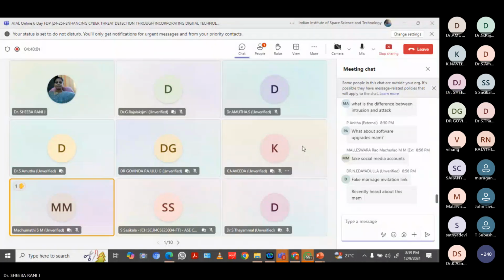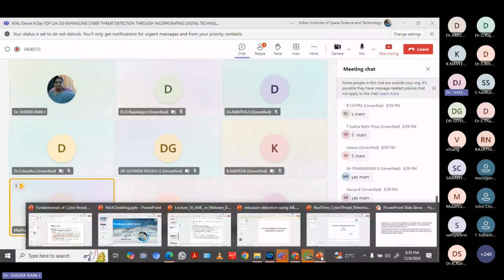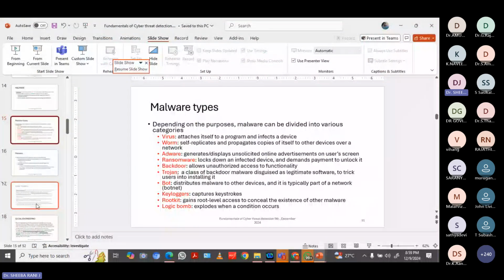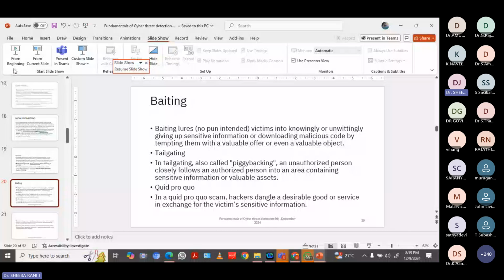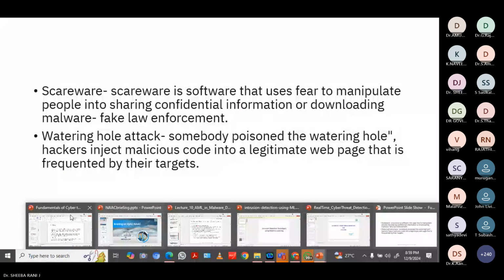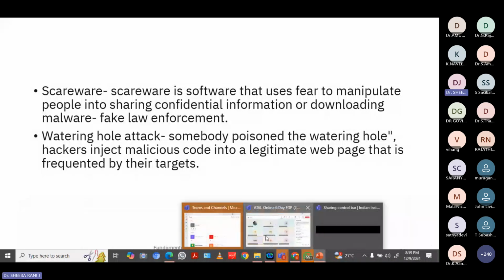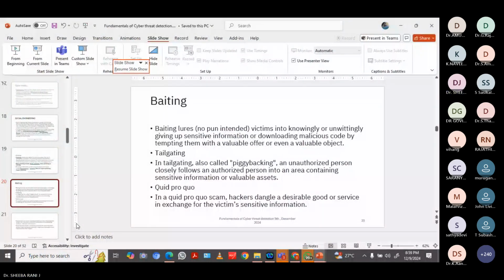So many threats are coming. Now we can go to the next. Wait a minute. Is my slide visible or not? Yes, okay, connected. Thank you.